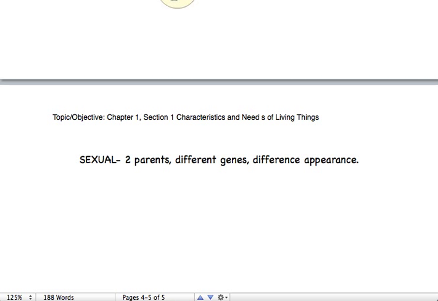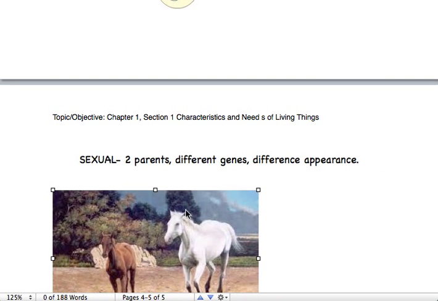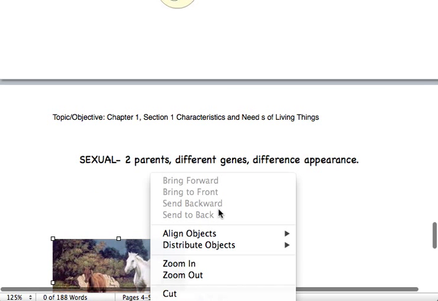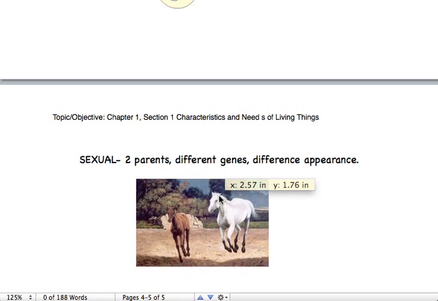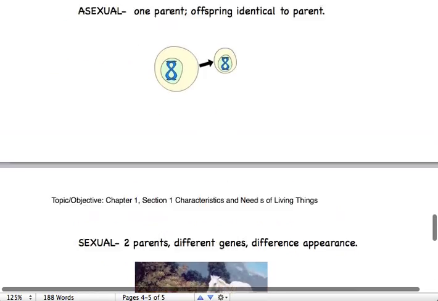So I have a little picture here of a mama horse and her baby horse. And while they're both beautiful and running, the mother horse is white and the baby horse is brown. They're not identical. There's different appearance because there's another set of genes in there.